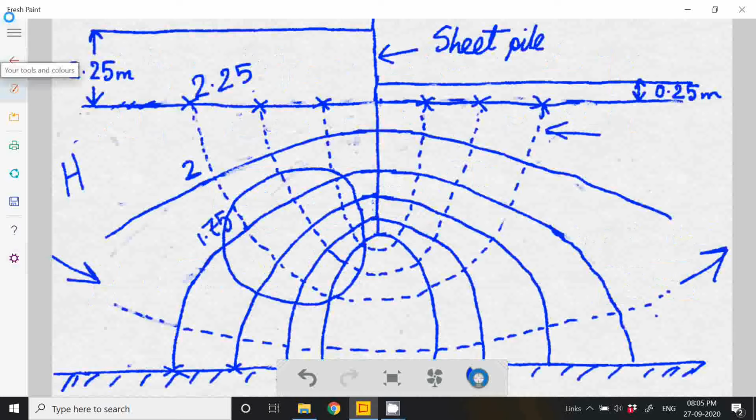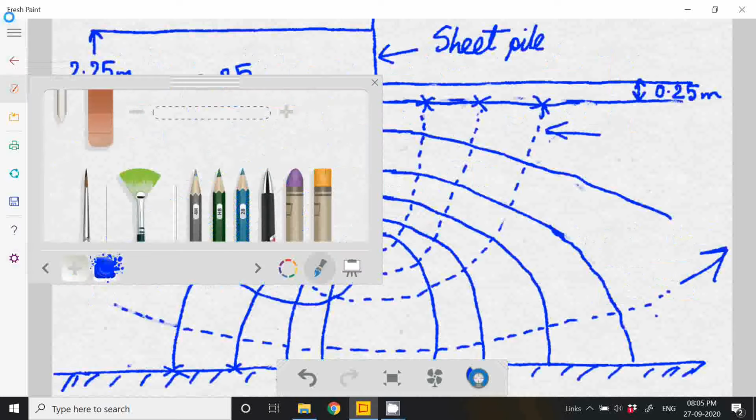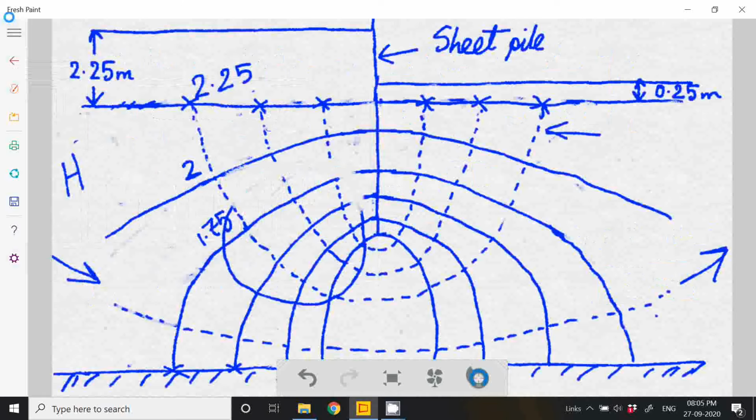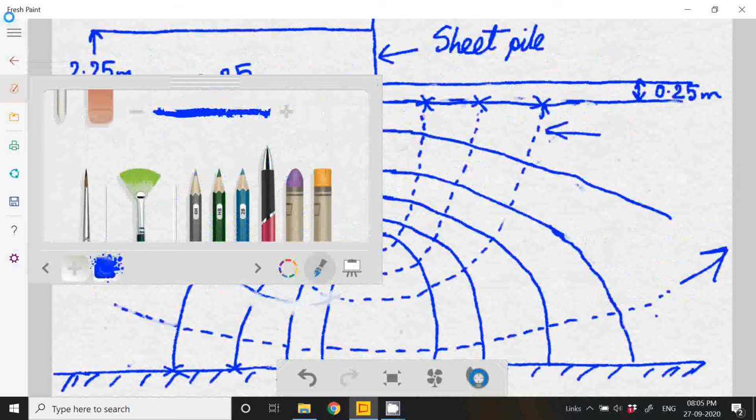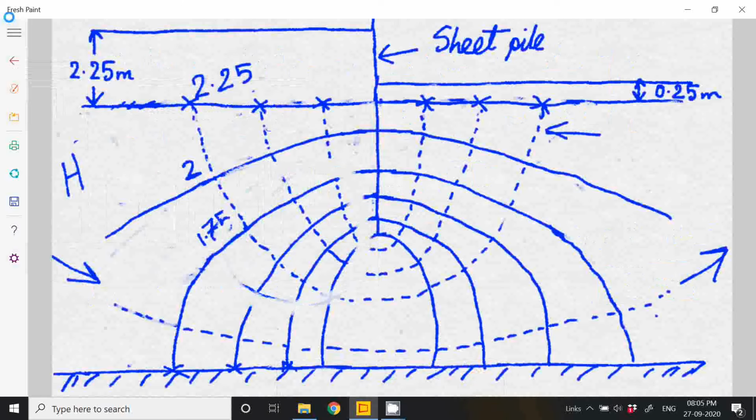So let me just erase this part so that it becomes much more clear to all of you. So there is a drop, 1.75. Here it is suppose 1.5. I'm just telling you that constantly there is a drop. Suppose here 1.25, 1, then 0.75, then 0.5, like this.